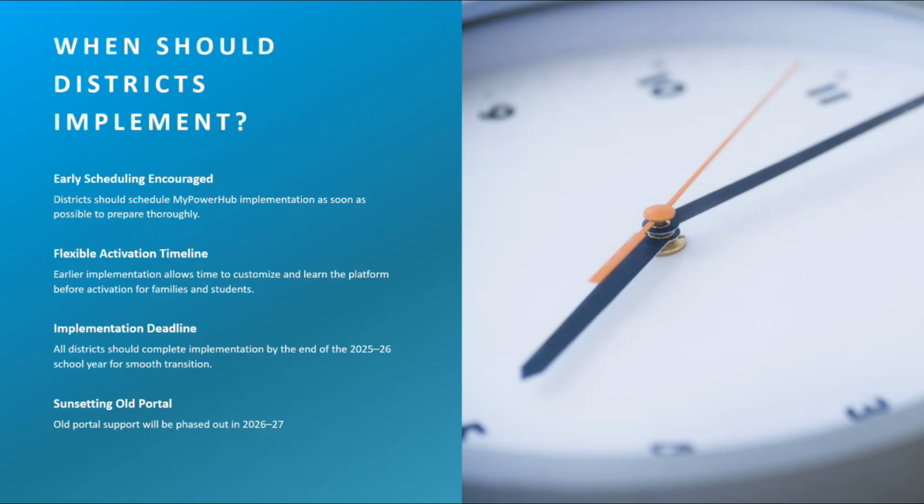While access is still going to be there for the current parent-student portal, things like customizations and some of the other updates that were done to the portal to make it work optimally with everything that we use aren't going to be maintained with the same regularity. So again, strongly recommend early implementation. That helps to ensure a smoother transition and helps provide additional time for your district to train and adapt with this new platform.